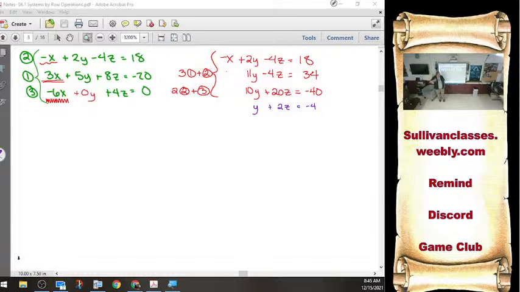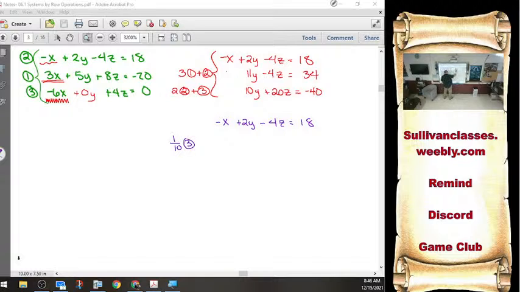So I want to plan ahead for my next step here. Would it make more sense to use 11y to get rid of 1y, or use 1y to get rid of 11y? Use 1y to get rid of 11y, right? So when I go to my next step, I'm going to say 1/10 equation 3 in the middle.